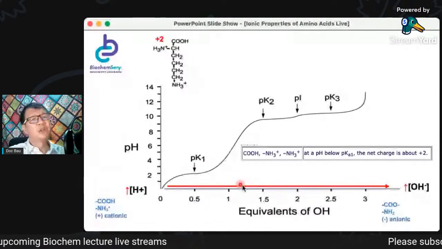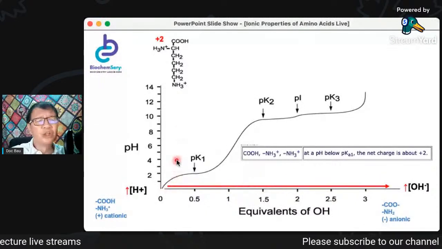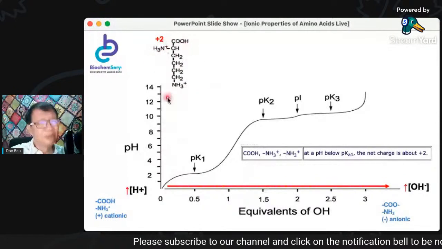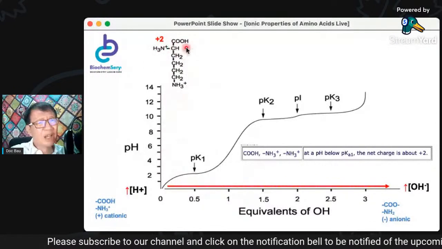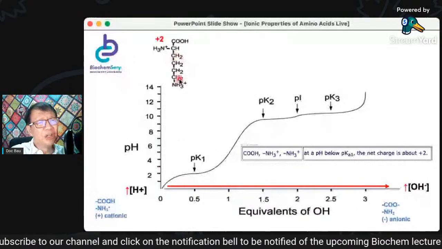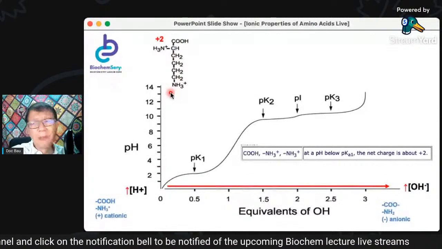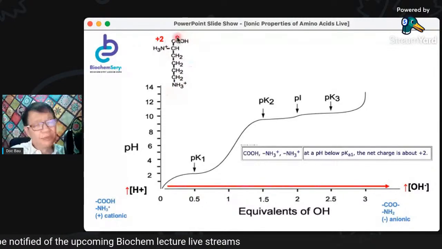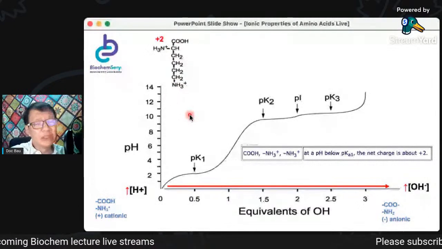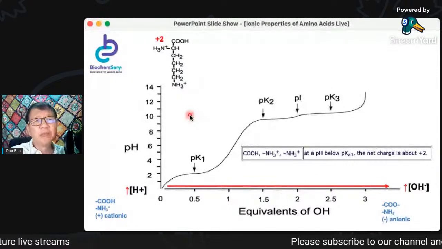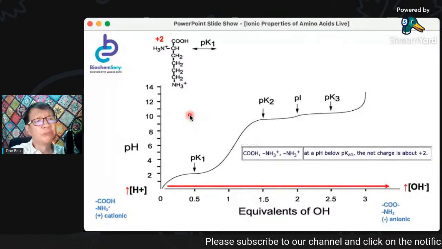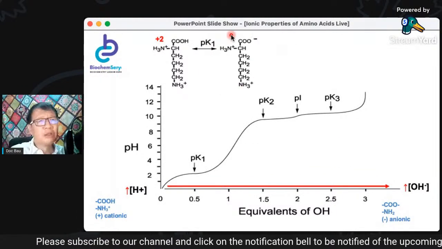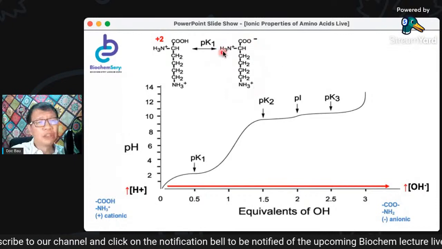If you add your hydroxide ion and remove your hydrogen ion, which of the three functional groups will deprotonate first? Your alpha carboxyl, your alpha amino, or your epsilon amino? You know very well that the most acidic functional group will deprotonate first. So this will be our ionic species.